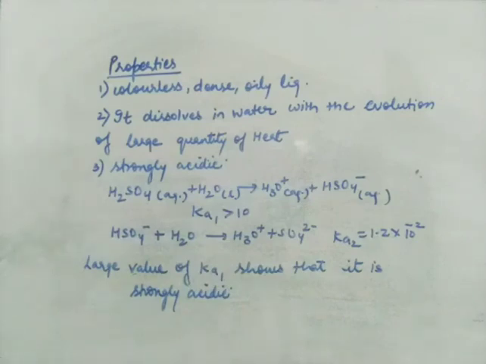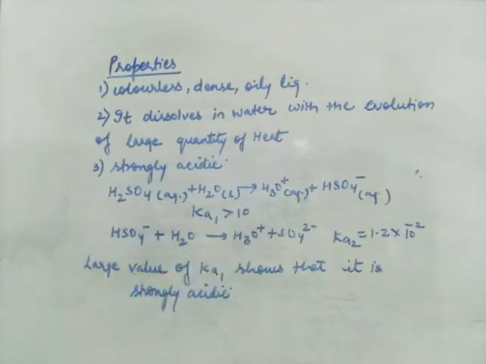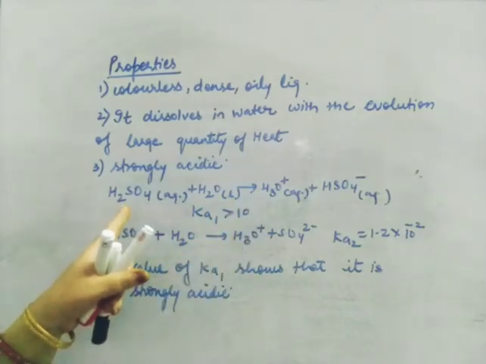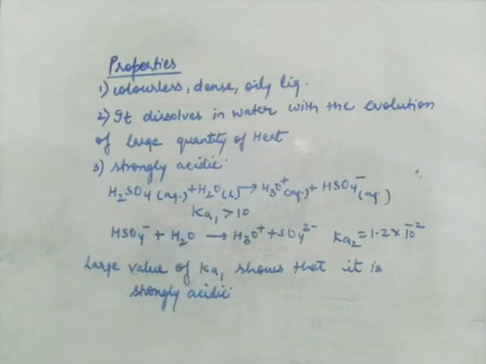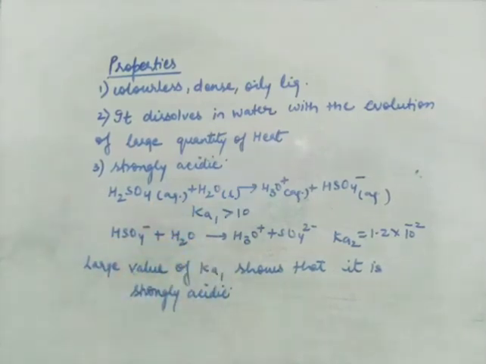The dissociation constant for this is 1.2 into 10 to the power minus 2. The dissociation constant for the first dissociation is very large, more than 10, so sulfuric acid is largely dissociated into H plus ions. This value shows the strong acidic nature of sulfuric acid.